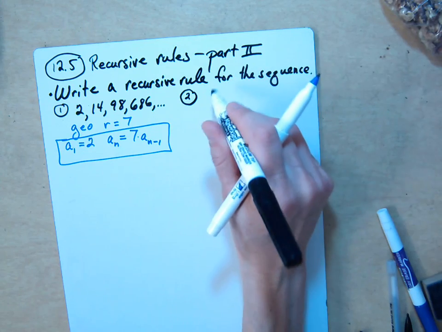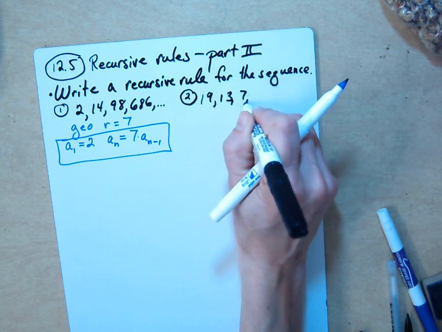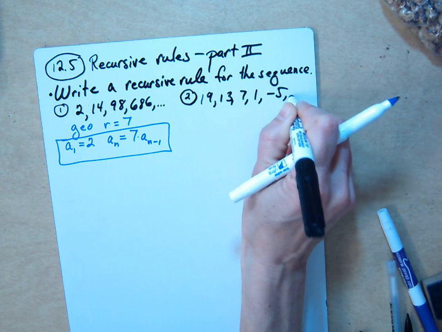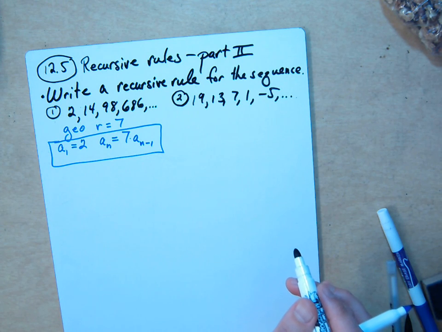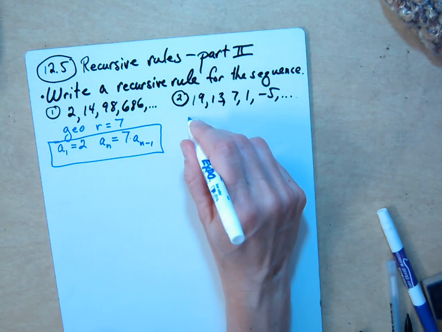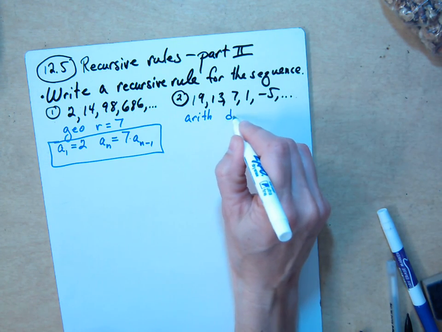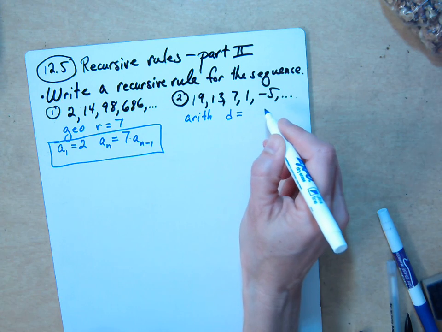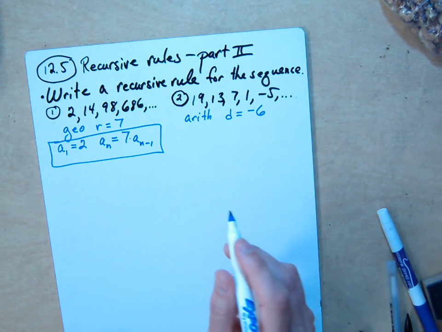Okay, let's try a different one. 19, 13, 7, 1, negative 5, ... What is happening there? Very good. It's arithmetic, so I'll write arithmetic. And what is the common difference? Ooh, it's not 6, it's negative 6, because it's going down.